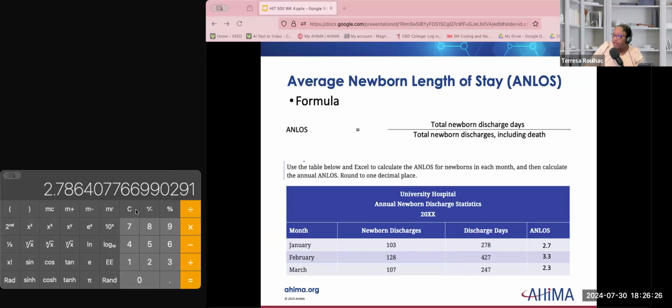See, trust and verify. 427 divided by 128, okay, that one's correct, 3.3. And then 247 divided by 107. Once you find the formula, you can just go with the flow, right? We have our discharge days in the numerator and the discharges in the denominator.